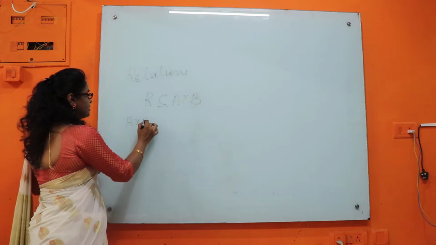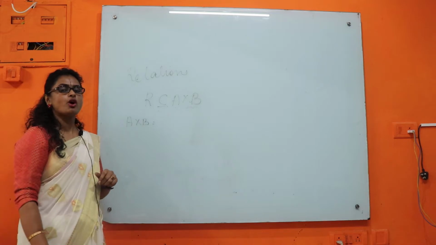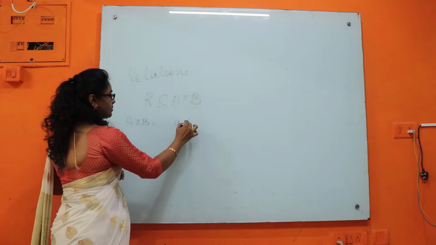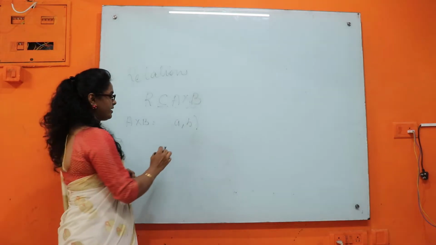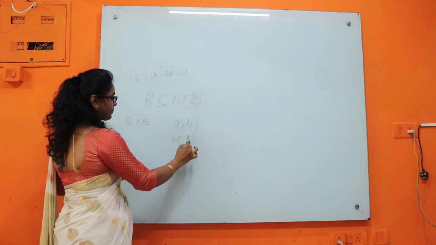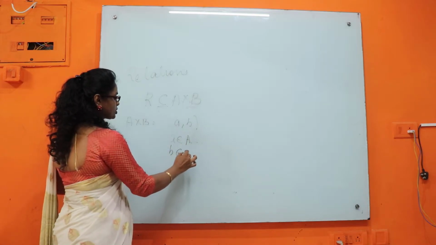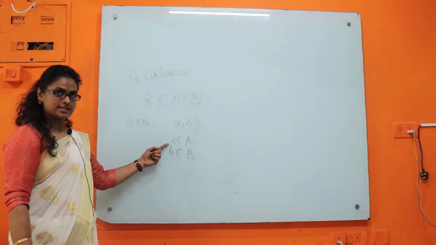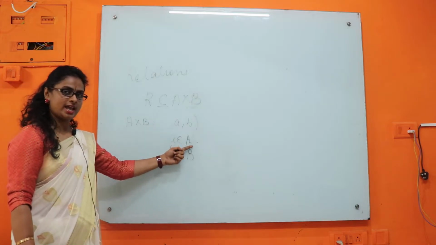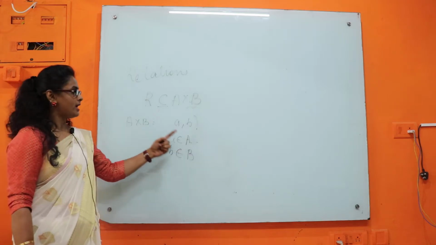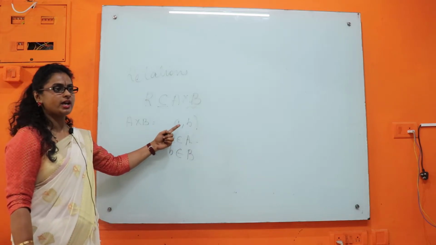A cross B is the set of all ordered pairs of the form (a, b), where a belongs to the set A and b belongs to the set B. a is an element of the set A and b is an element of the set B, and it should be of the form (a, b).